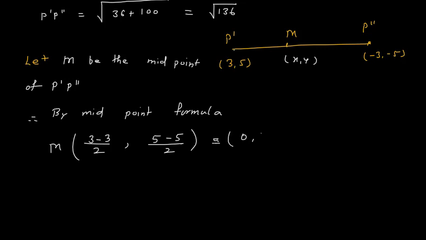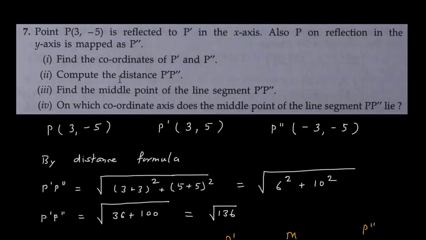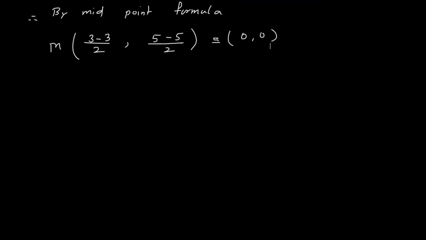And the next, fourth part, is on which coordinate axis does the middle point of the line segment P P double dash lie. So again I will take the points P and P double dash. For P the coordinate is (3, -5), and for P double dash it is (-3, -5).